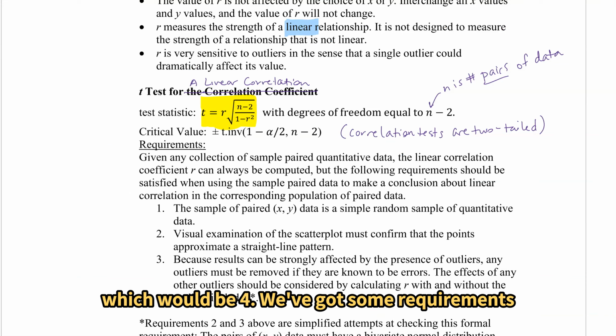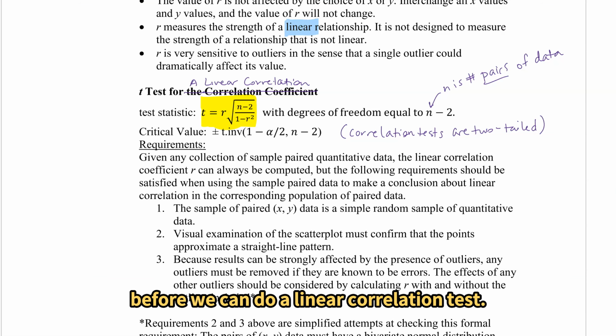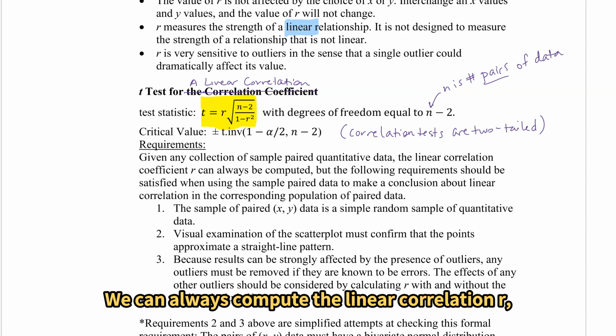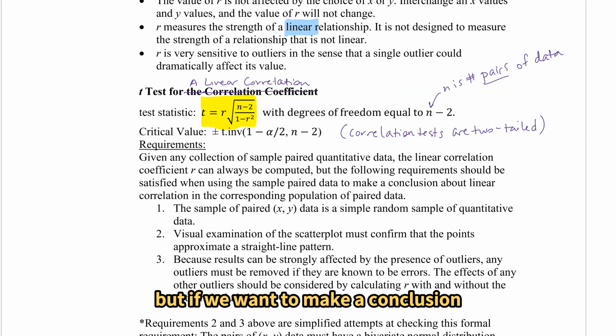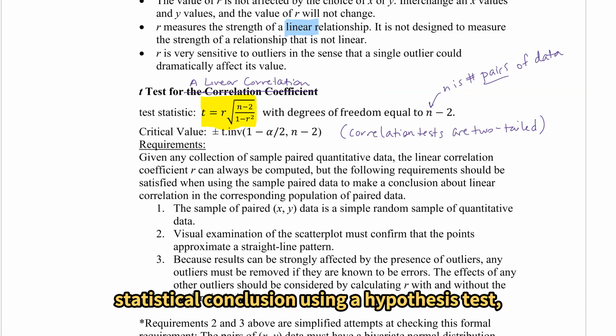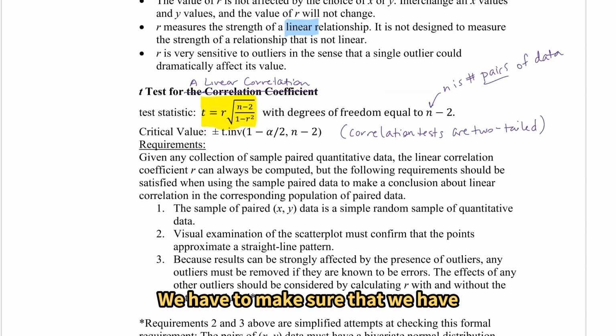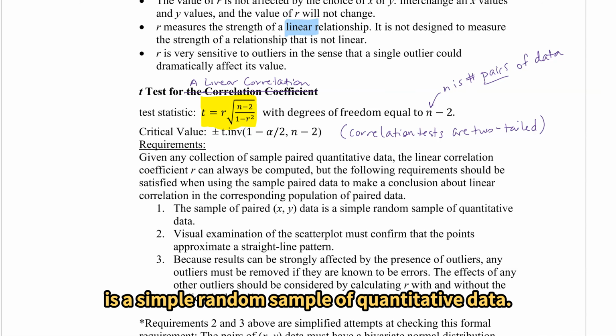We've got some requirements before we can do a linear correlation test. We can always compute the linear correlation R, but if we want to make a conclusion about a linear correlation, a statistical conclusion using a hypothesis test, we have to make sure that we have these 3 requirements. The sample of paired data is a simple random sample of quantitative data.